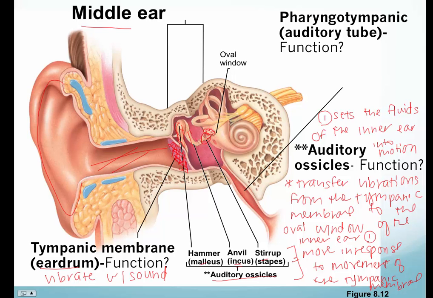Another structure we have within the middle ear is called the auditory tube. We also call it the pharyngotympanic tube, or canal. What this does is allow for equalization of pressure during yawning, and otherwise it's going to be collapsed. This is why when you go on an airplane, they tell you to yawn.